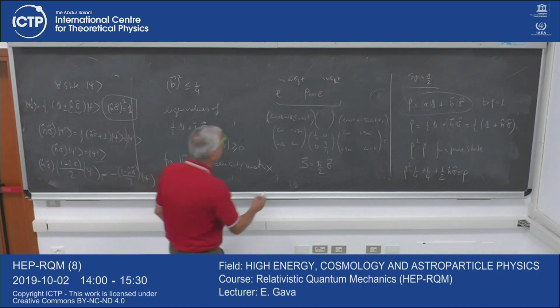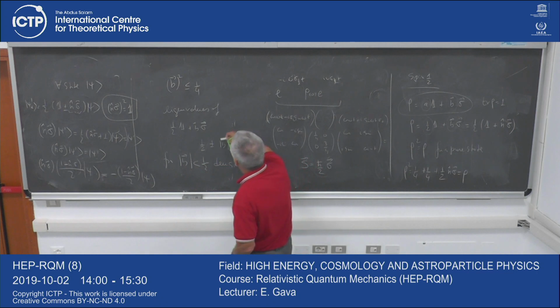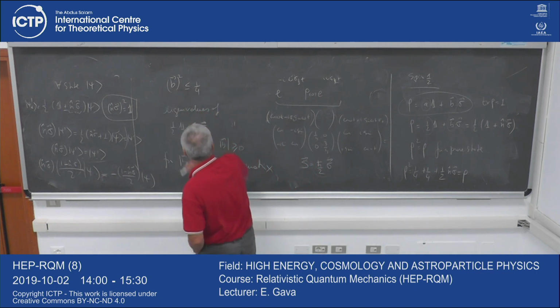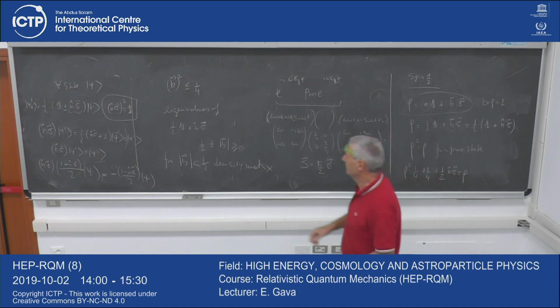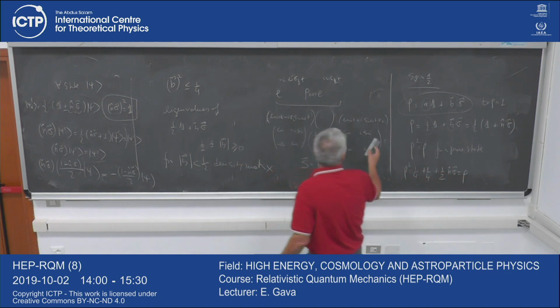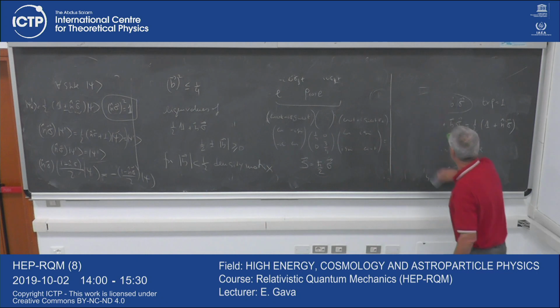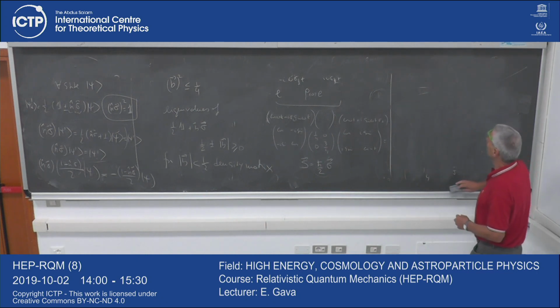So we can relate these B's, there are 3 numbers here, right, to the expectation values of S. What are the expectation values of S? Well, we have to compute them using rho, right?